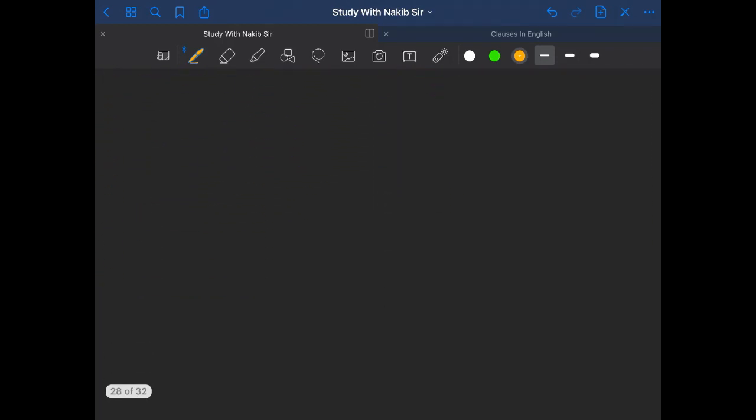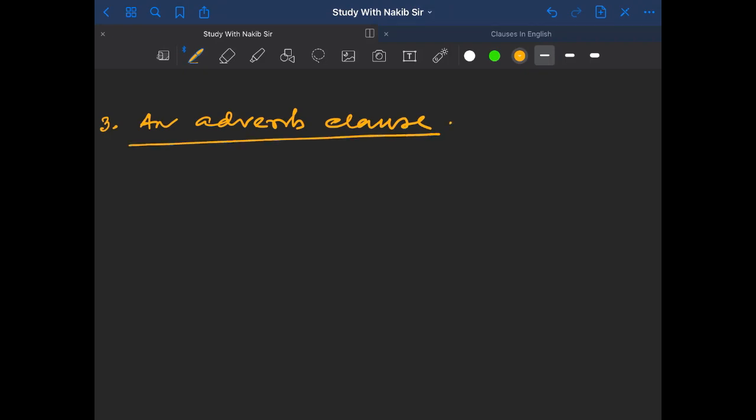Now number 3, an adverb clause. What is an adverb clause? An adverb clause is the clause that works like an adverb. So it is a clause that works like an adverb.